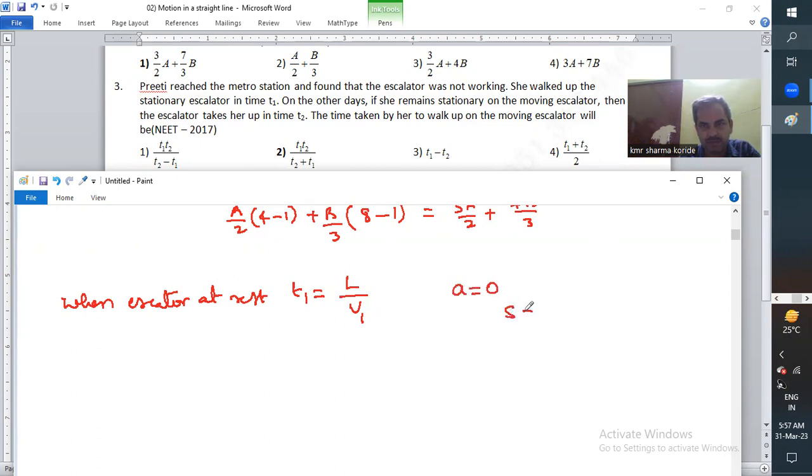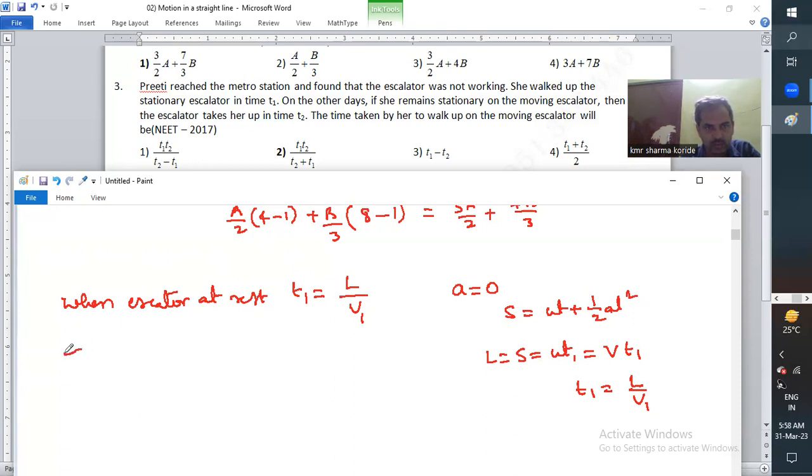From the equation, s is equal to ut plus half at square. When uniform velocity, acceleration does not exist. So, therefore, s is equal to ut. You call this as t1, you make this u as v, and you make this s as l. So, therefore, t1 is equal to l by v1. This is the length, the distance she can walk up on the escalator.